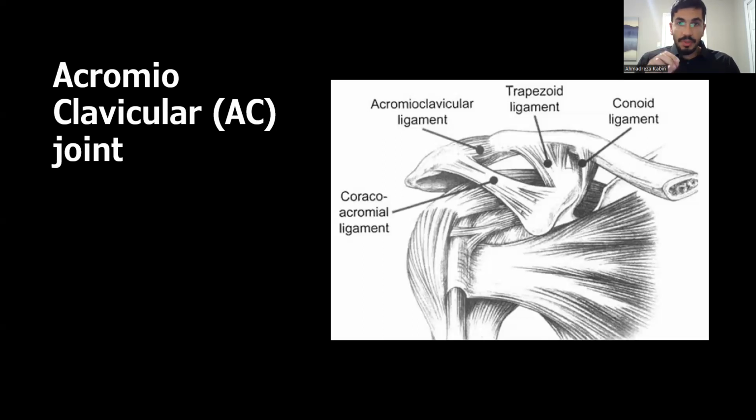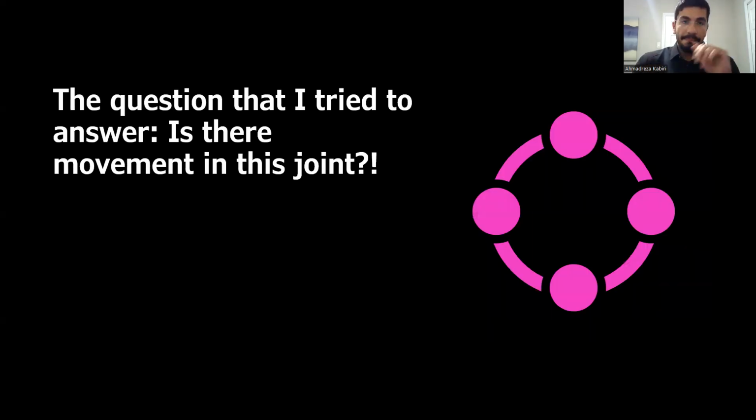The important ligaments are the trapezoid ligament, conoid ligament, coracoacromial ligament, and the acromioclavicular capsule surrounding the joint. This joint is where the distal end of the clavicle meets the acromion side of the scapula. The question that I tried to answer for the past couple of months with my research was: is there movement in this joint?